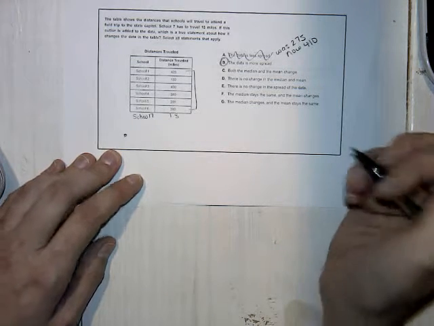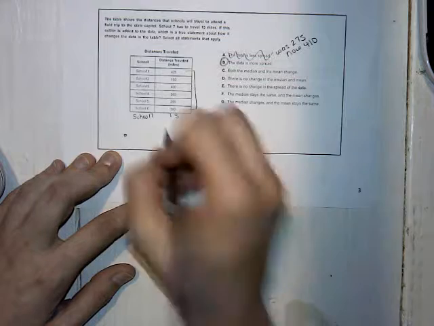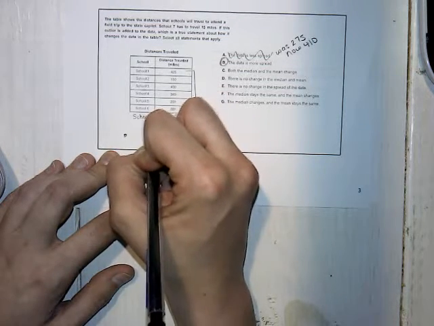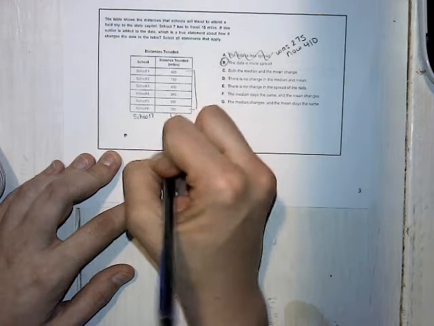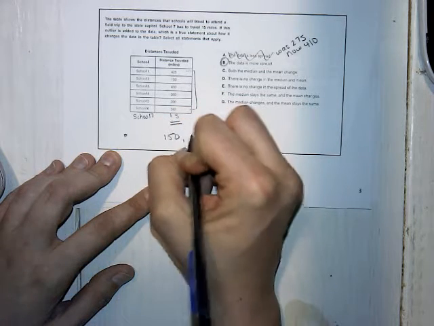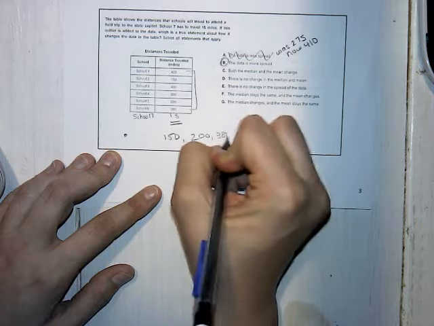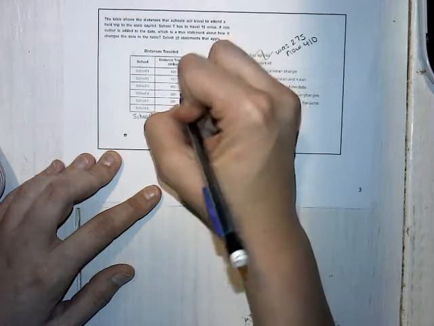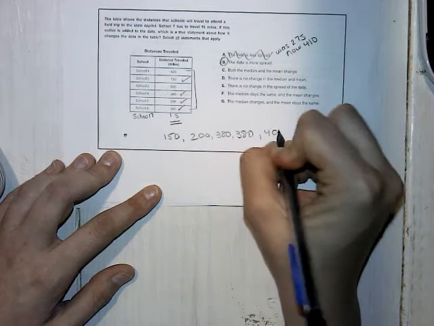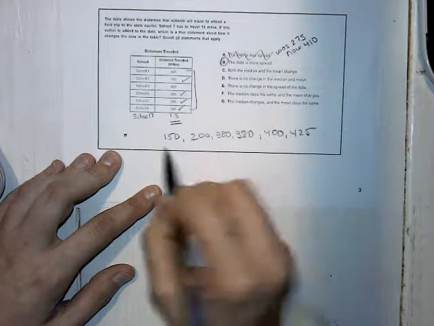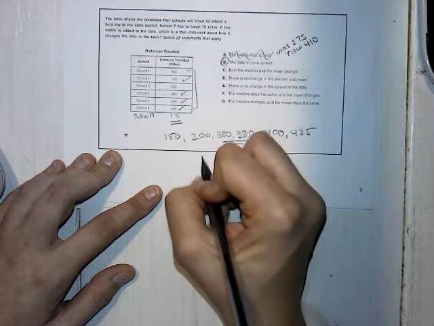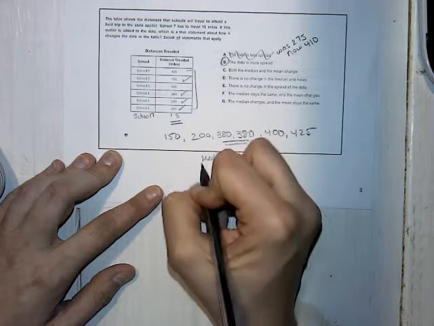So do both the median and the mean change? Well, let's look at that. Let's order our distances from least to greatest. So let's start without the 15 in it. So it's 150, 200, 380, 380, 400, and 425. So our median is 380. Our mean here, we're going to divide by 6.